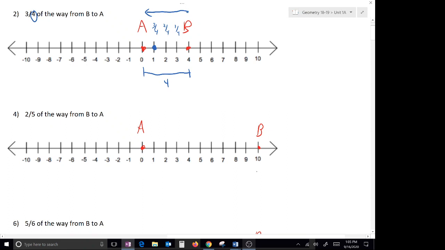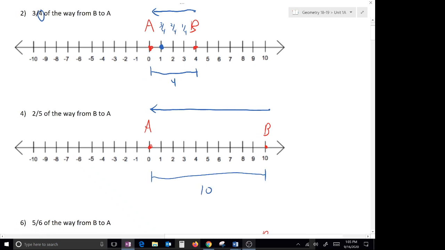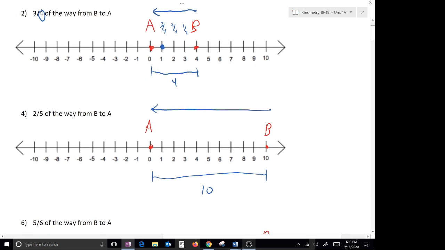From B to A. So starting at B, going towards A. Our distance is 10 units from 0 to 10, and we want to divide that into fifths. So if I take 10 divided by 5, that equals 2 again.